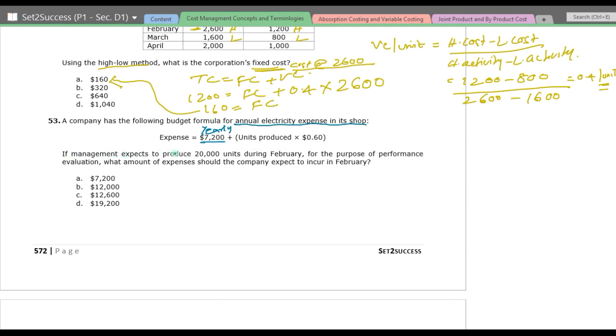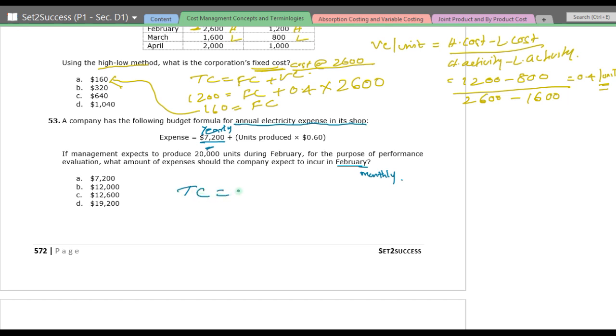If the management expects to produce 20,000 units during Feb, for the purpose of performance evaluation, what amount of expense should the company expect to incur in Feb? This is monthly, and they are incurring a fixed cost that is yearly. So let us find the expense for the month of Feb.